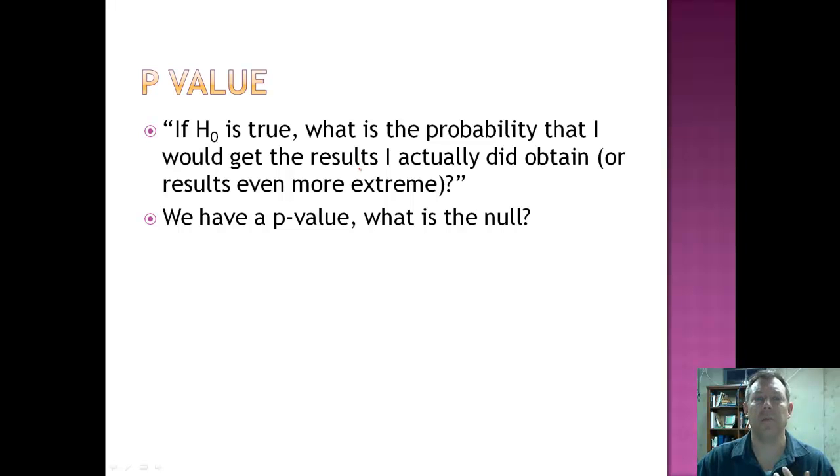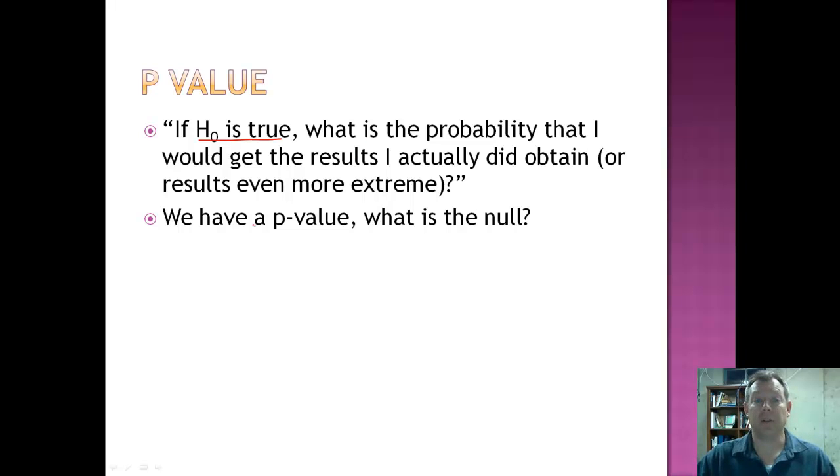It's far, far below, less than 1%. So the probability that I would get these results if the null is true is very low. That suggests that the null is false, and that's why we reject the null. Okay? Think about the definition of a p-value.